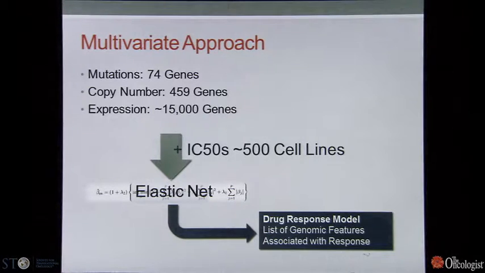This data is available in this exercise across 500 cell lines. And we use a linear regression approach to derive predictive models that will tell you which cell line should respond. And then you have in these models a list of genes that might or might not be inspiring.